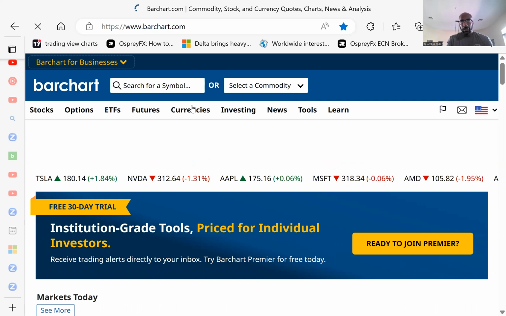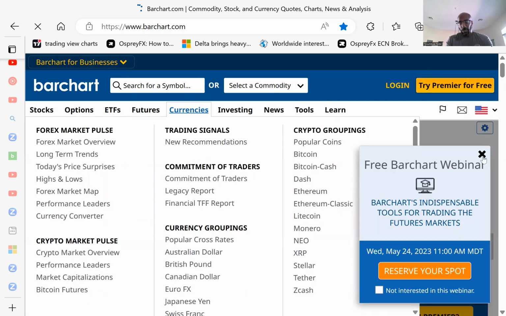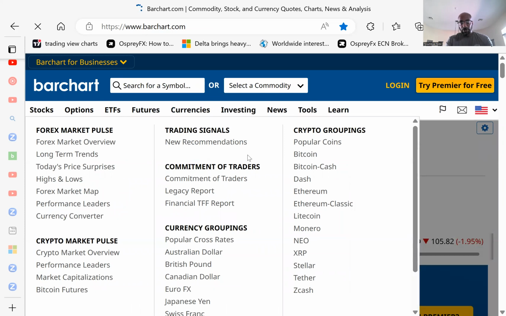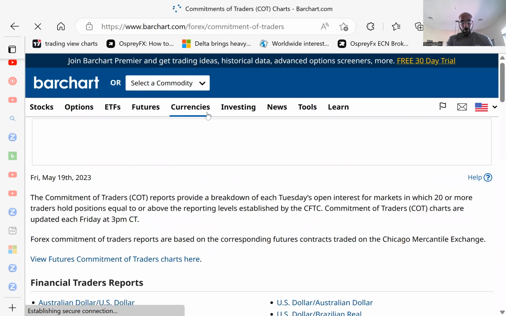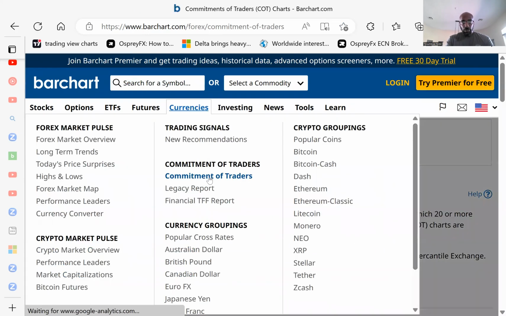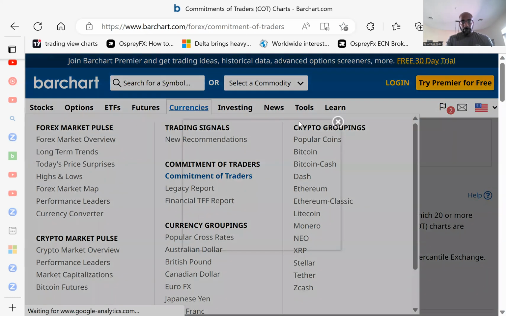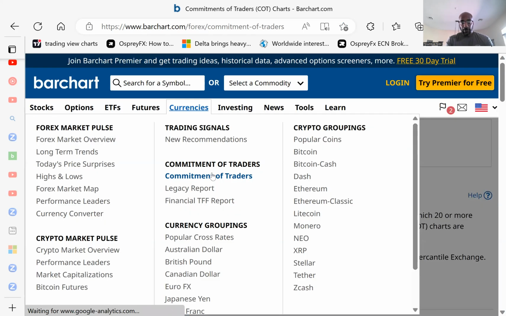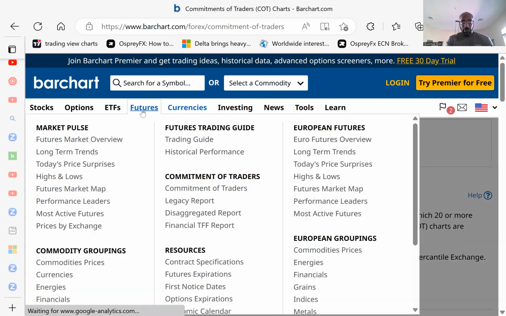And the COT reports will tell you what the commitment of traders is, okay? But when you get to this website, I'm going to look for COT, commitment of traders. I think he actually goes to futures, commitment of traders.